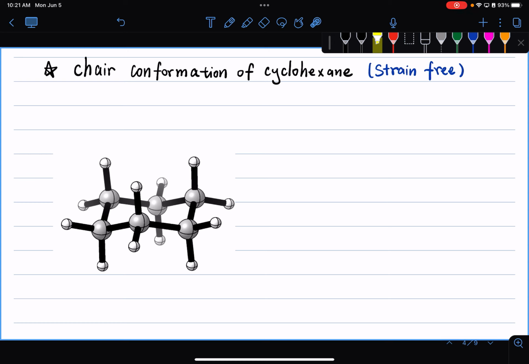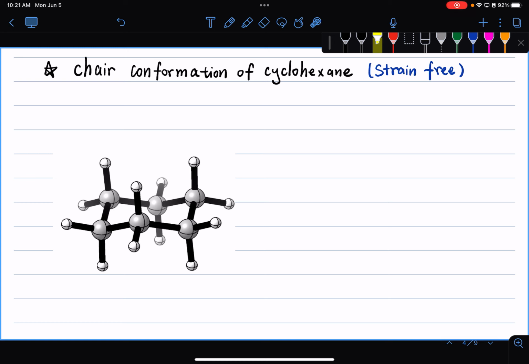In the front, you have these carbon groups that are going this way, and on the bottom, it's going down. These are the conformations we're talking about. Again, if you see it as a chair, yes; if you don't, also fine.